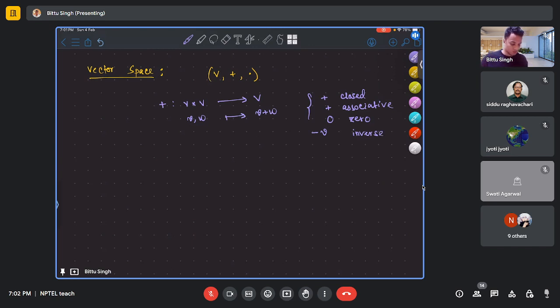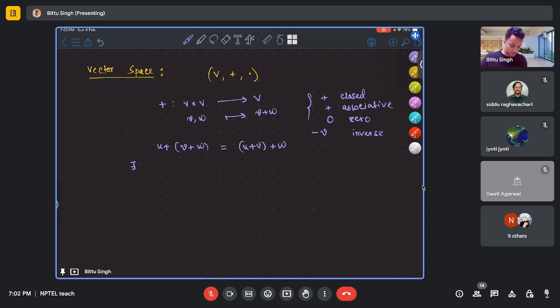So what is the meaning of associativity? It means that if you add three elements, suppose u, v and w, first add v plus w and then add u, it is the same as u added with v and then add w. What is the meaning of 0?